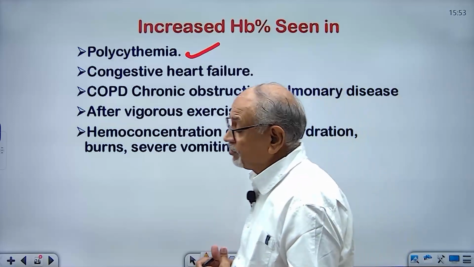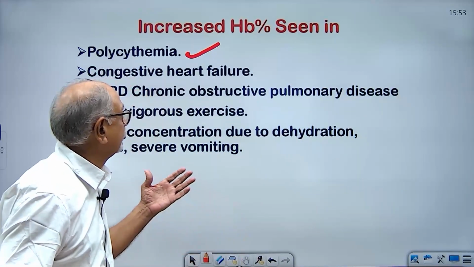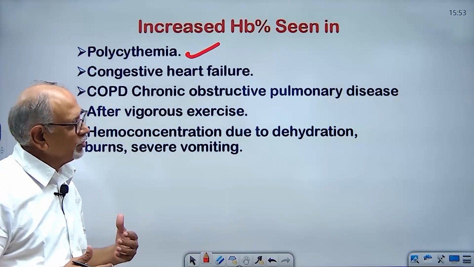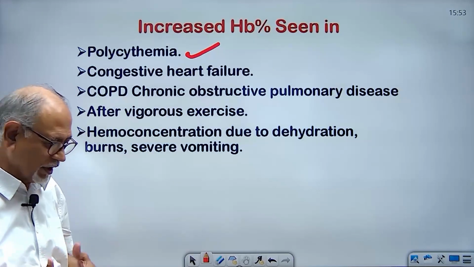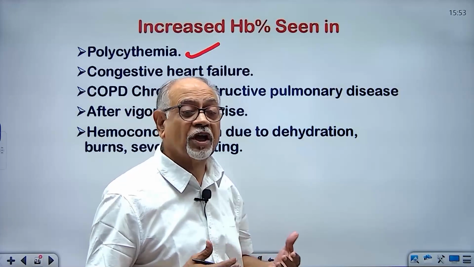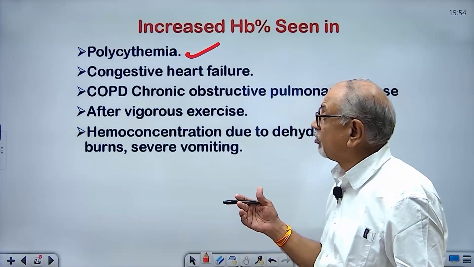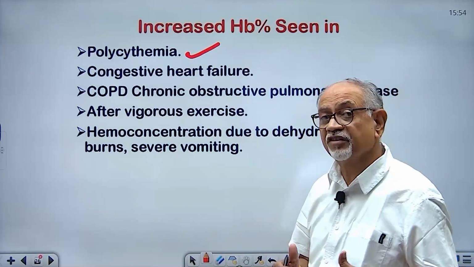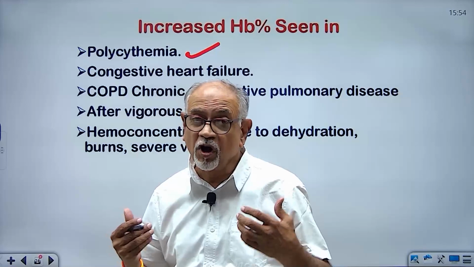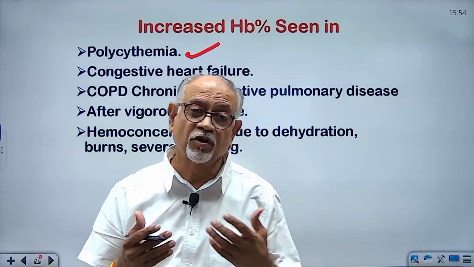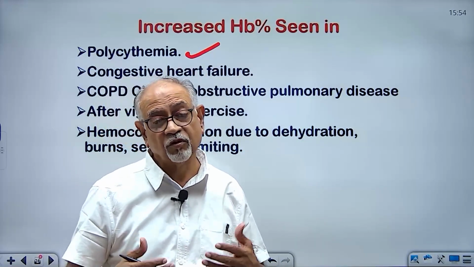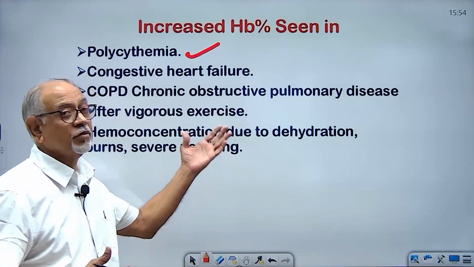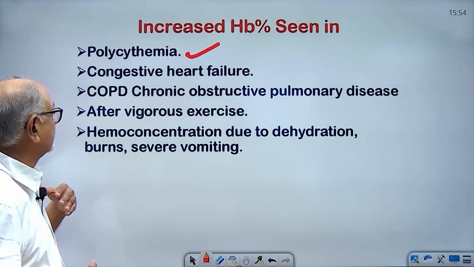In COPD, that is chronic obstructive pulmonary disease, in which the lungs do not work properly and oxygen is not supplied properly to the organs, the percentage of hemoglobin also increases. After vigorous exercise, your need for oxygen increases and therefore the number of RBC increases, and so the hemoglobin percentage also increases.